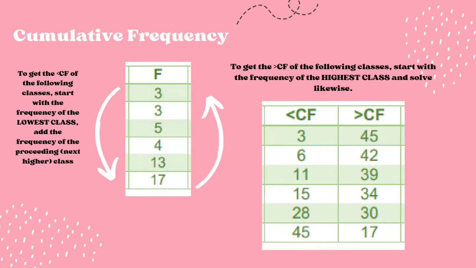Therefore, our second value here is 6. While in greater than cumulative frequency, we will do the same method as the less than cumulative frequency, but the only difference is we are going to start at the last frequency, adding it with the following frequency upward.